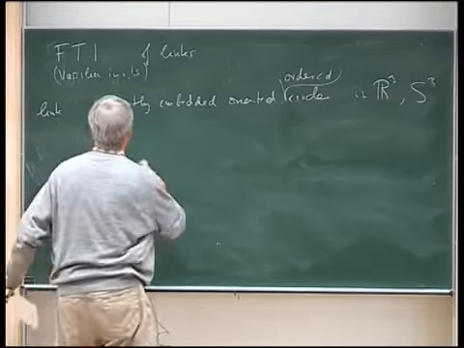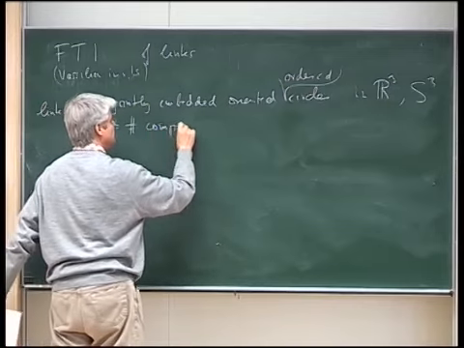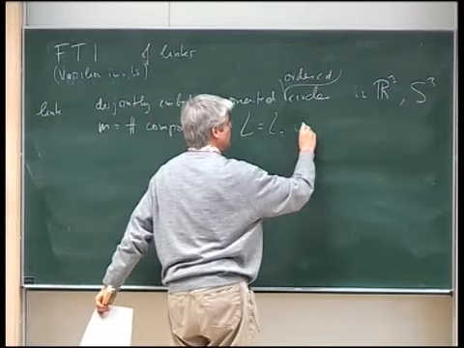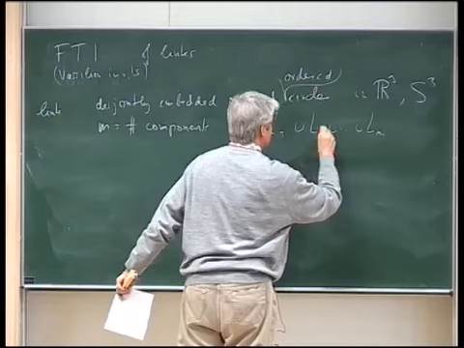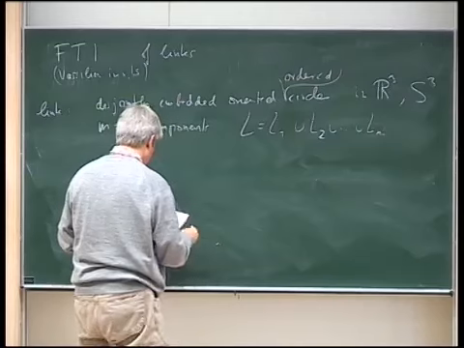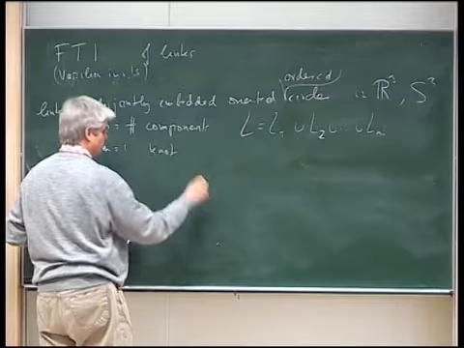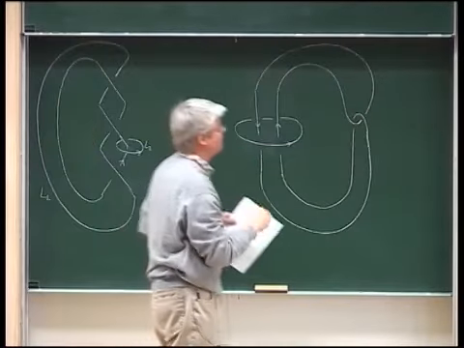And usually I call M the number of components, so it's the same M. And I write such a thing as, say, L1 union L2 union LM. But the union sign doesn't really take into account how it's linked. And if M is 1, it's called a knot. So for historical reasons. So here are some examples.